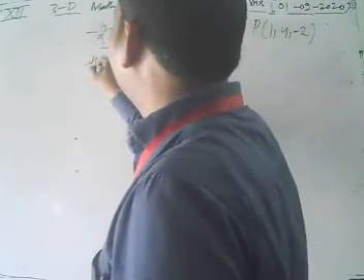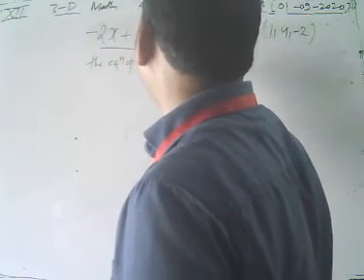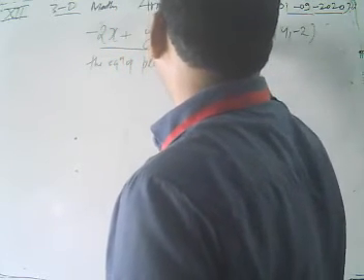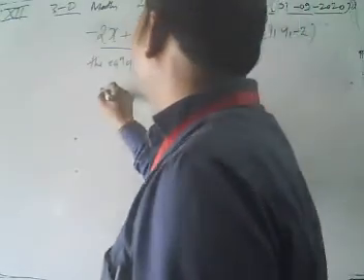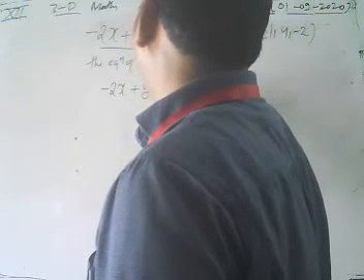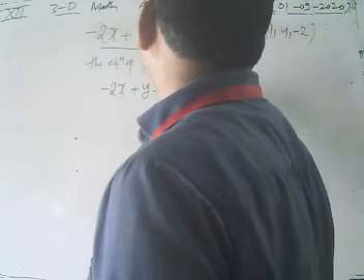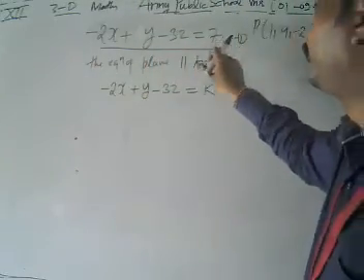Now the equation of a plane parallel to it, we take the same coefficients: -2x + y - 3z = k. This is our equation of a plane parallel to the given plane.